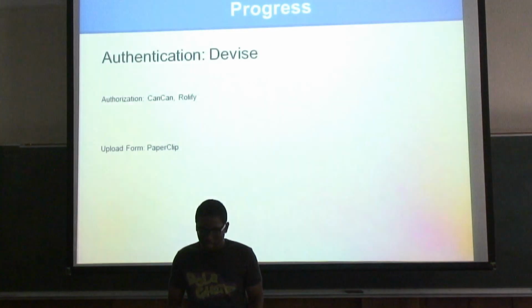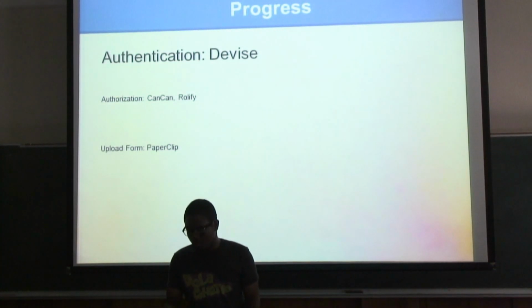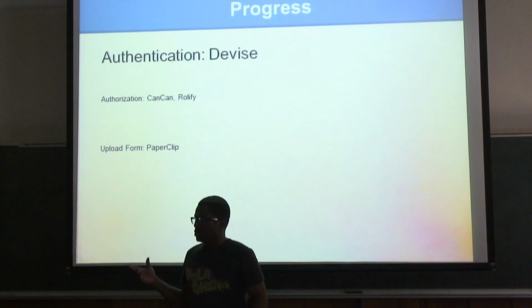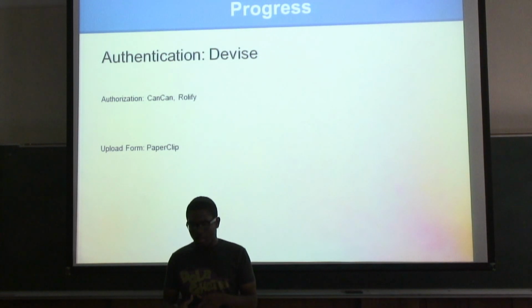Okay, for the authentication, I've already set it up. This is my progress so far. I use Devise, which, if you use any Ruby on Rails website, like Twitter, which is no longer like this, but it used to be, or Twitch TV or something like that, they all pretty much use Devise. It's a very easy to use framework that lets you do signups through Facebook, Google+, but it also lets you sign up as a normal user.